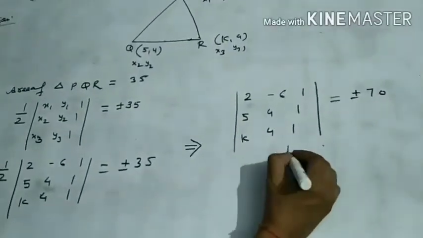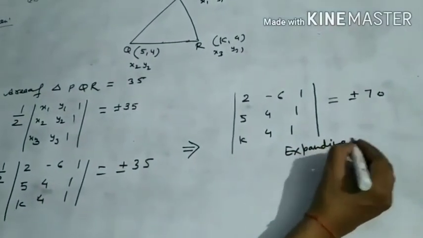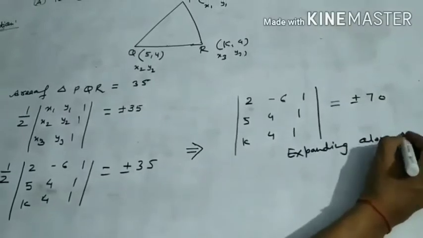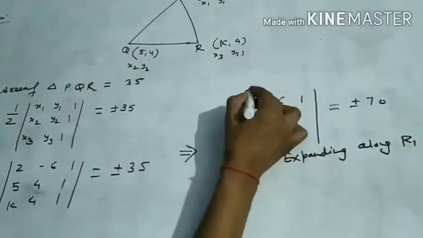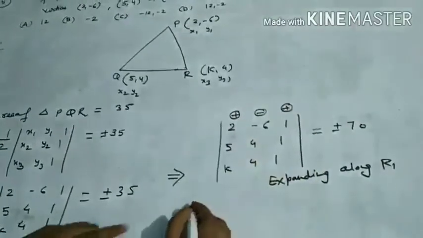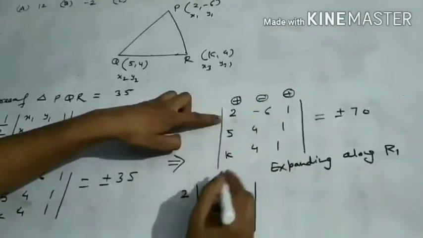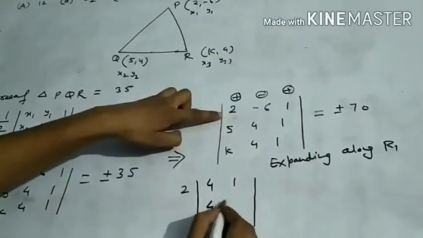Now expanding along R1, the signs are plus, minus, and then plus. So this is 2 times the subdeterminant after leaving the first row and first column, that is 4 1, 4 1.